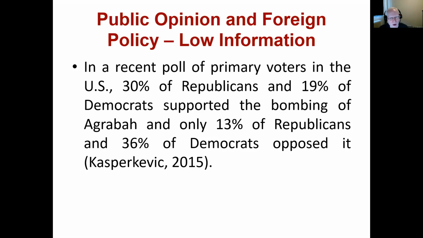In a recent poll of primary voters in the US, 30% of Republicans and 19% of Democrats supported the bombing of Agrabah, and only 13% of Republicans and 36% of Democrats opposed it.